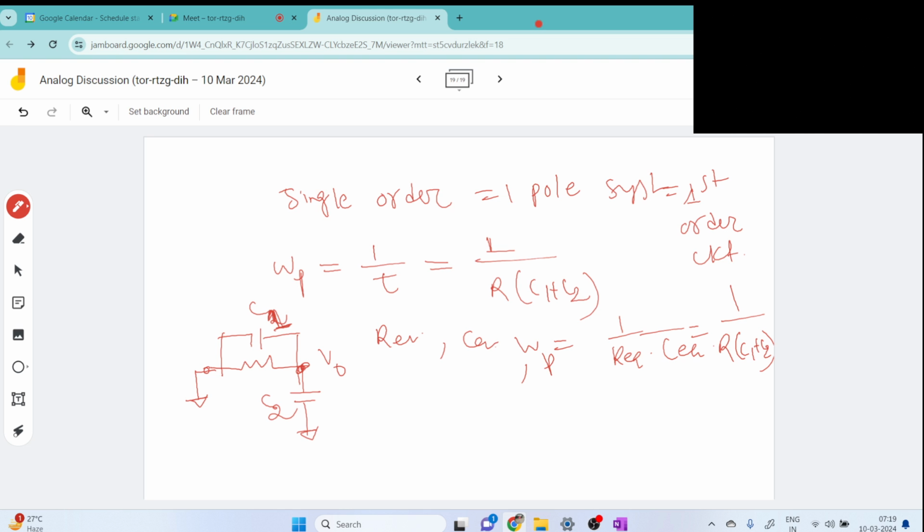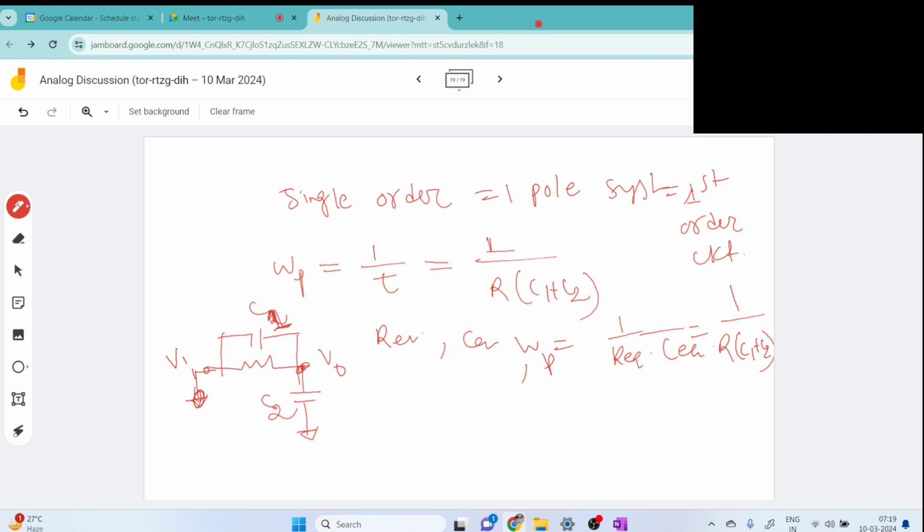The question is, is there any zero? You can write the Laplace domain transfer function and find whether there is a zero or not, but we are not going to do that. We will look at the circuit and instantly comment whether a zero is present.